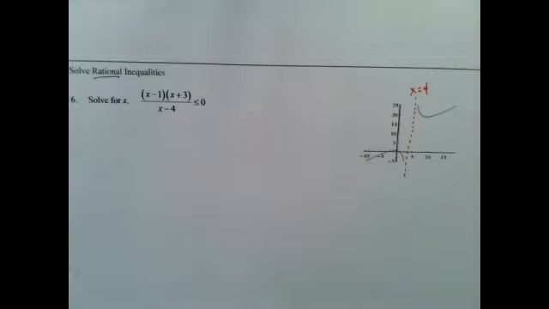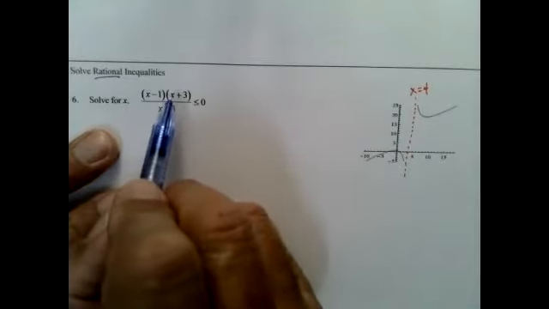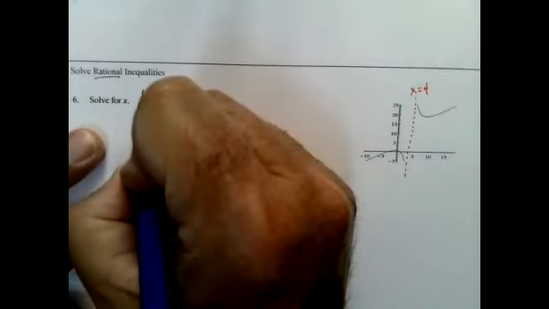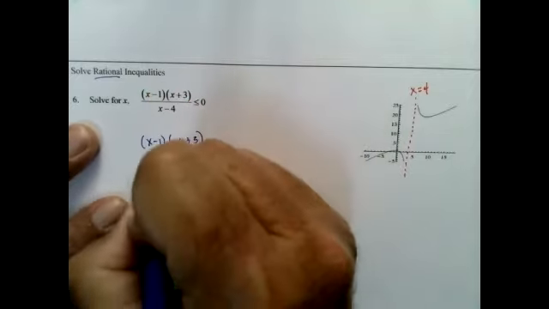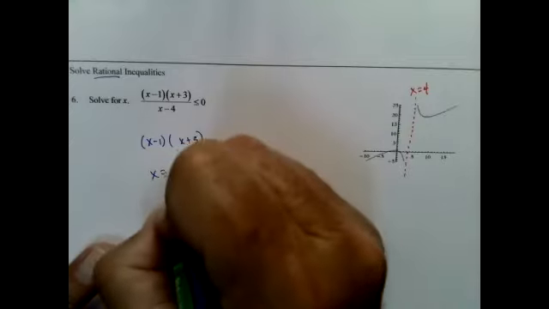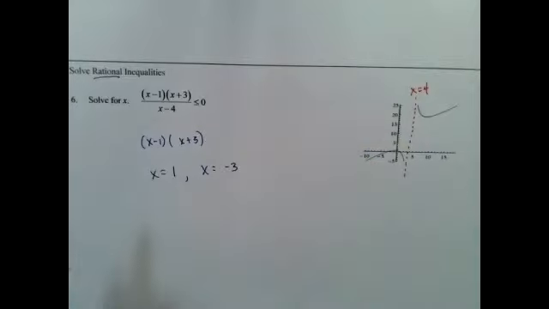All right, so I have a graph, and let's see, what are my boundary points? Well, they're going to come into play up here, right? When my numerator, so if I look at x minus 1 and x plus 3, I know something is happening at positive 1, and I know something is happening at negative 3.